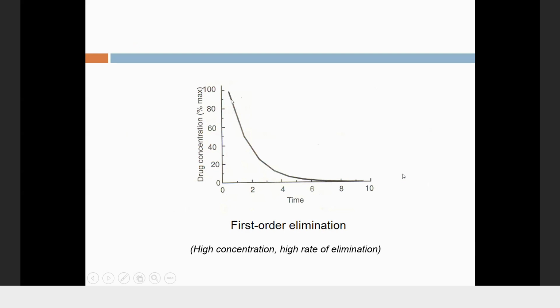It's fast. You see the drop? It's coming down very fast. When the concentration is low, the rate of elimination will be slow. So this is first order elimination kinetics.